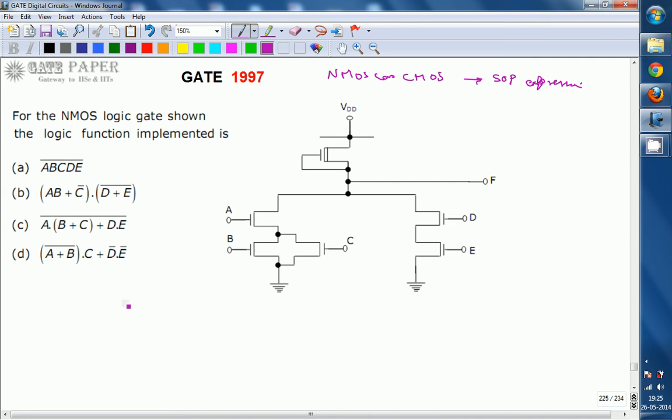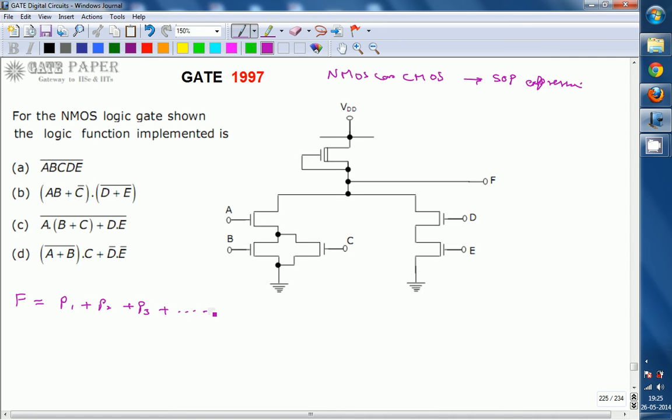SOP expression can be written in this way: F is equal to P1 plus P2 plus P3. P1, P2, P3 are product terms, and those products are going to get summed up. That is the expression you are going to get at the end as F.